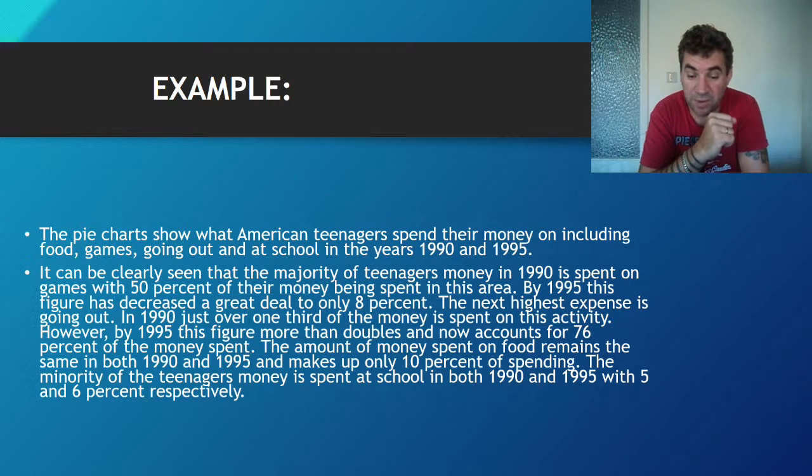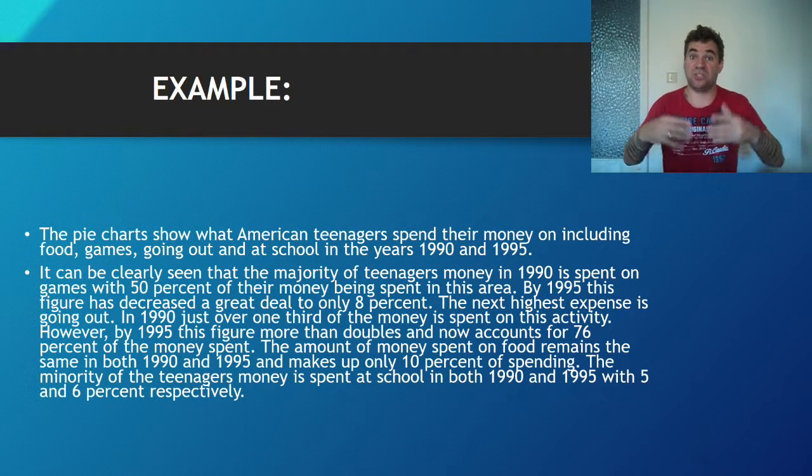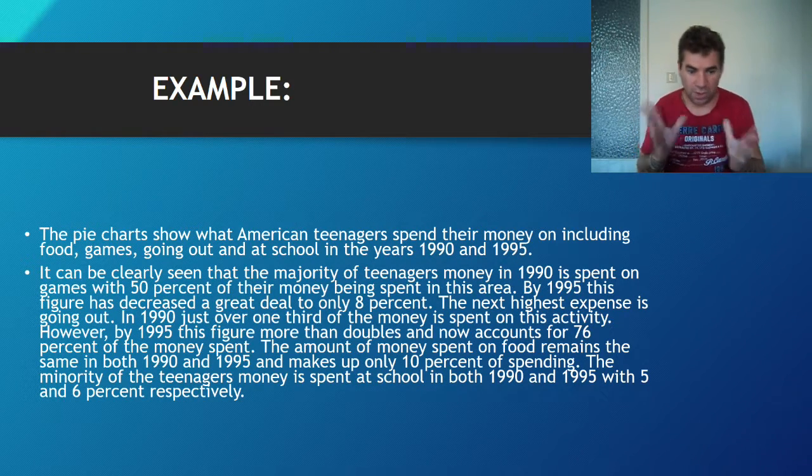The amount of money spent on food remains the same in both 1990 and 1995 and makes up only 10% of spending. The minority of the teenage money is spent at school in both 1990 and 1995, with 5 and 6% respectively. So you see, this is my main body, and you can see there's a lot of comparison going on there.